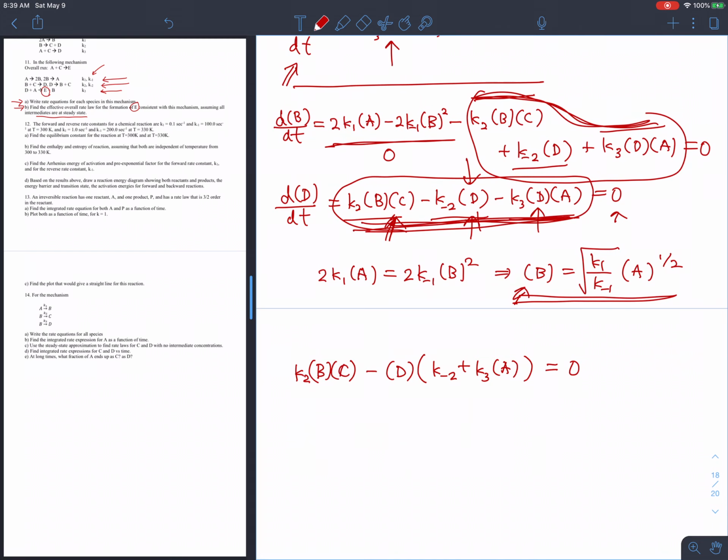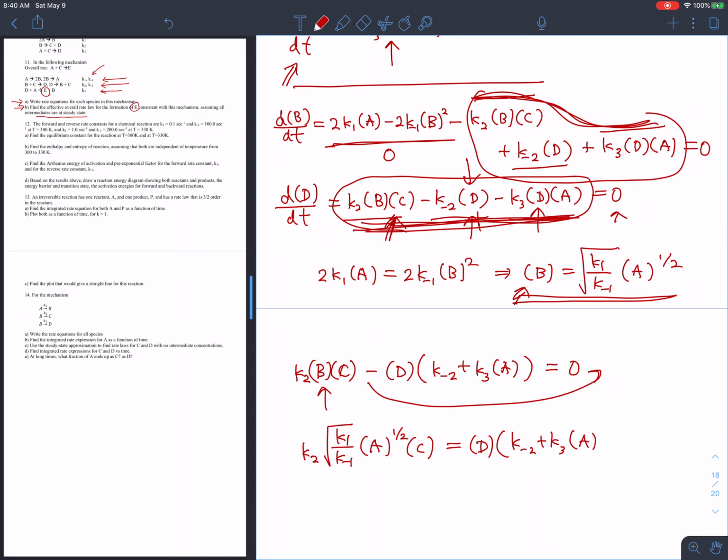And now I'm going to substitute in here for B, so k2 times the square root of k1 over k minus 1, times A to the 1/2 power, times C. And I'm going to switch this over to that side, so that's equal to D times (k minus 2 plus k3 times A).